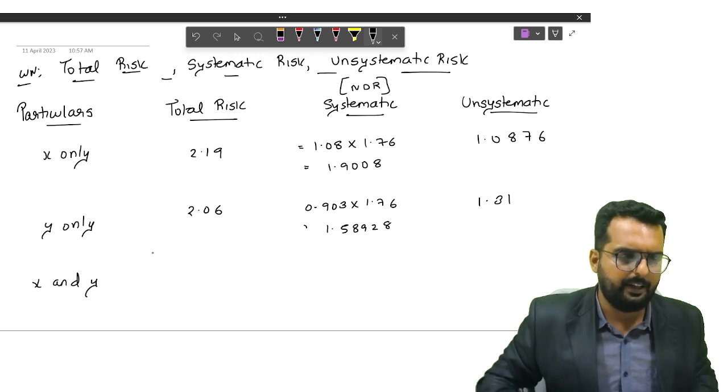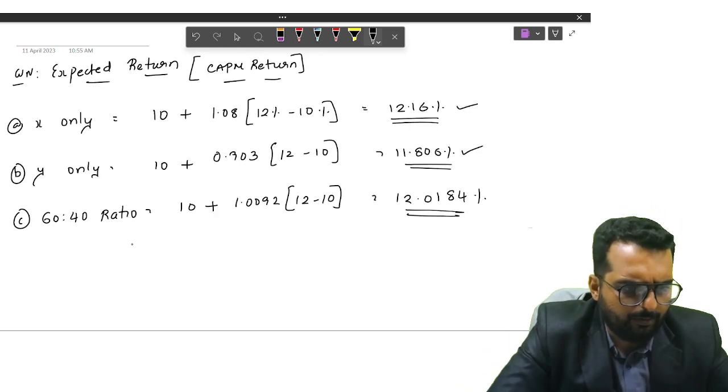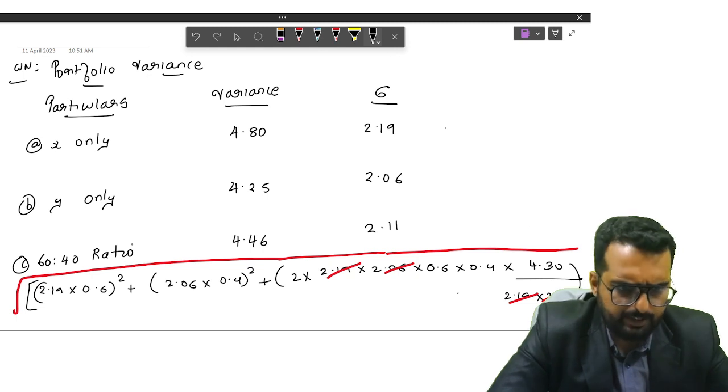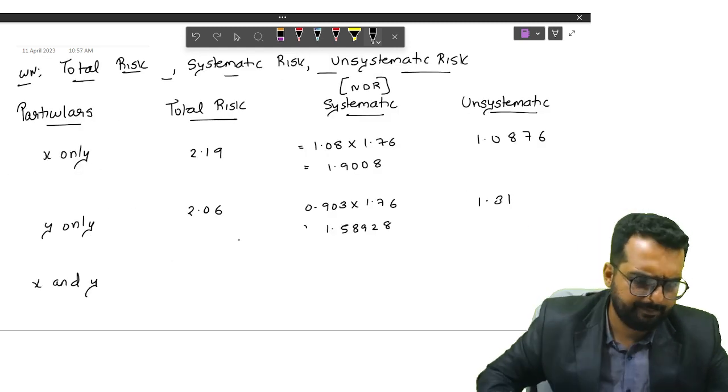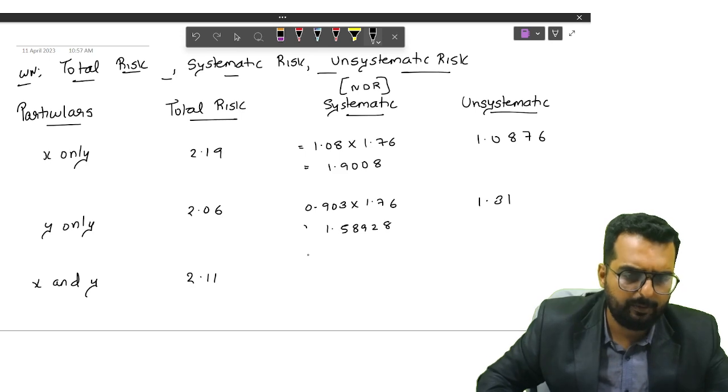If I take X and Y, the total risk we have already found out somewhere over here. I think we have got the total risk as 2.11, correct? And this one will be overall beta.